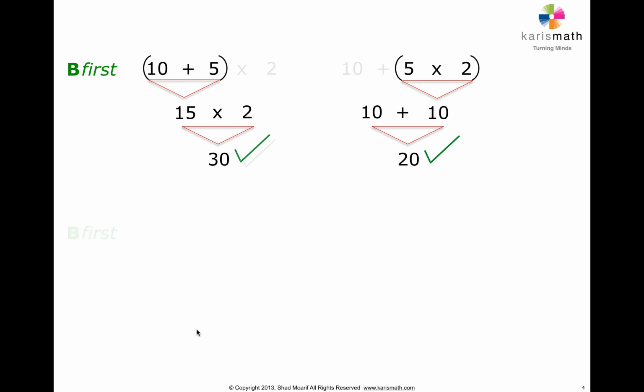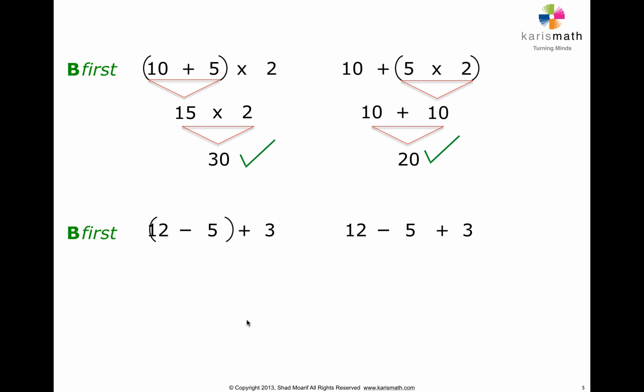Try another one. Just get the feel of this. So here again, brackets come first. They look exactly alike, but if I put the brackets around this and around this, they become very different questions. So what's the answer to the first one? The answer is 4, of course.